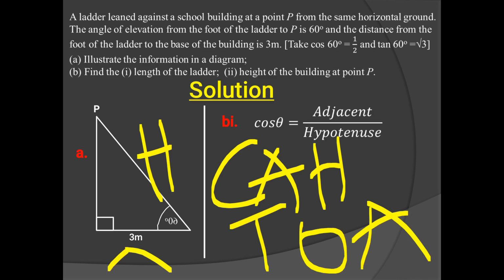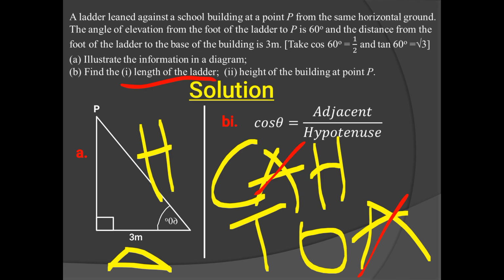We know that the adjacent has been given. Tan has adjacent and cos also has adjacent. Any of them should work, but which one will answer our question? Any of them will work.